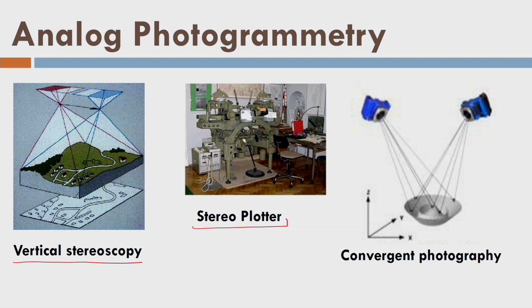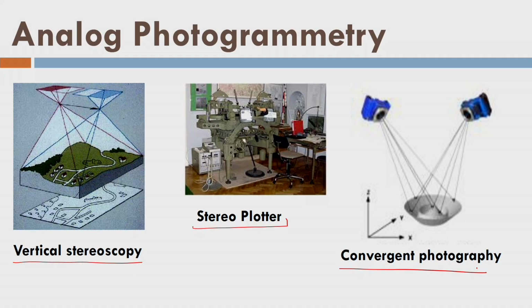Okay, then if they were not able to acquire the photo stereoscopically, which means there was some place on the land surface which could not be acquired with the help of stereo photographs, they used to follow convergent photogrammetry, or convergent photography, where they used to put 2 cameras like this, and not like this, rather in this view.